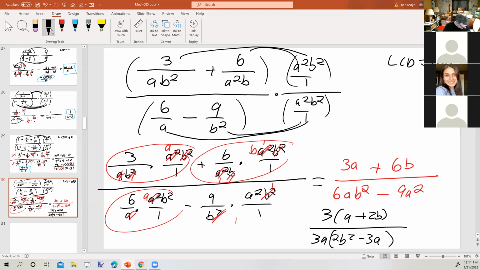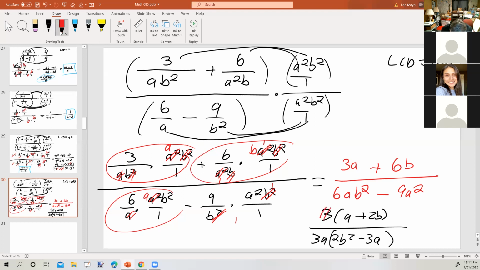So I can't reduce it any further. Or can I? Hang on a second here. Oh. Could you reduce the 3's out of it? Yes, I can. Yeah, I was looking for something more complicated than that.